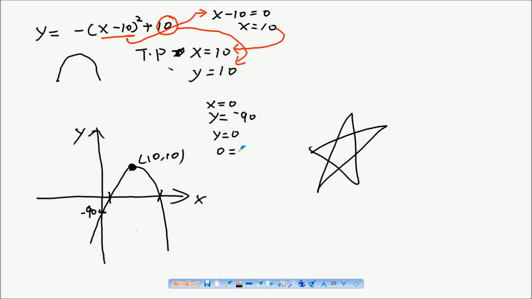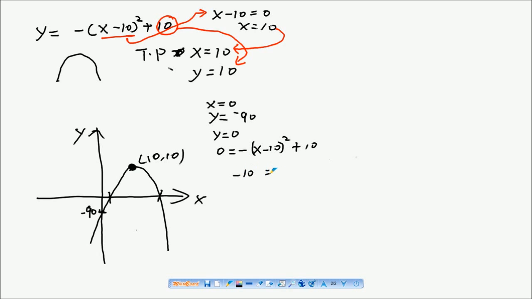So if we have 0 equals minus (x minus 10) squared plus 10, we solve this equation: (x minus 10) squared equals 10. I'll do it step by step. x minus 10 equals plus or minus the square root of 10.